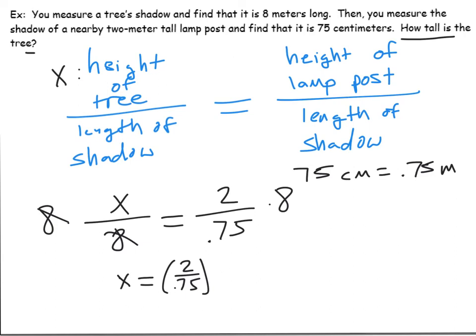Times 8. It is a pretty big tree, 21.3 meters. That's coming from 2 over 0.75 times 8. That's just a calculator piece. Just throw that in, and you get a little over 21 meters. Okay? That's all for 1-3.